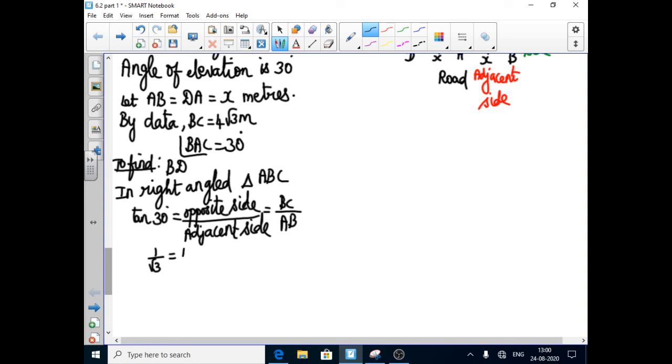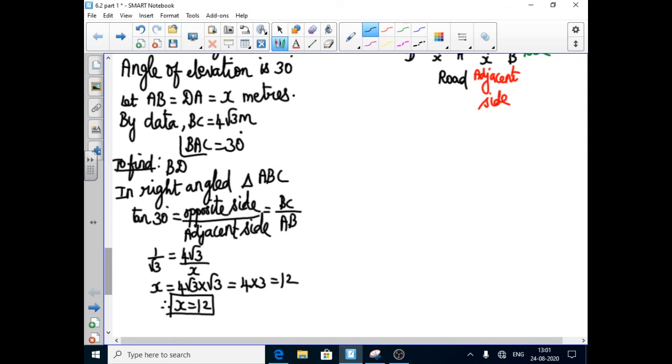BC value is 4 root 3, divided by AB, which we are taking as x. So cross multiplying, x is equal to 4 root 3 into root 3. Root 3 into root 3 is 3. So 4 into 3 is equal to 12. Therefore, x equals 12.